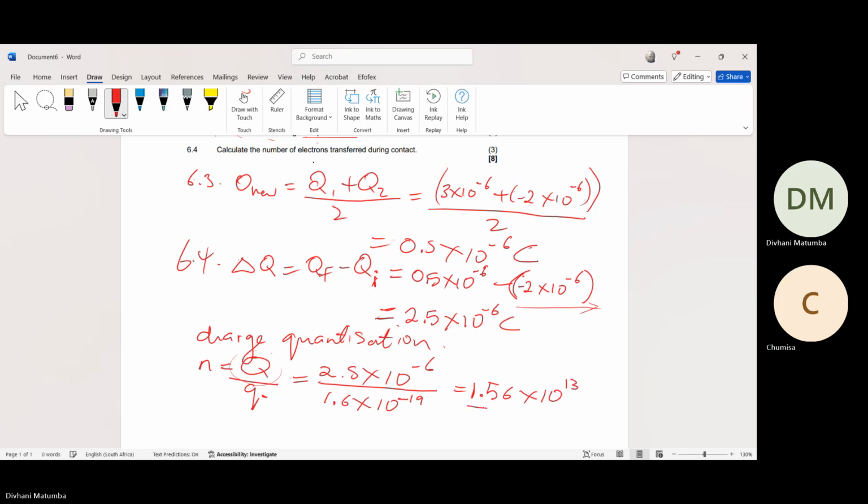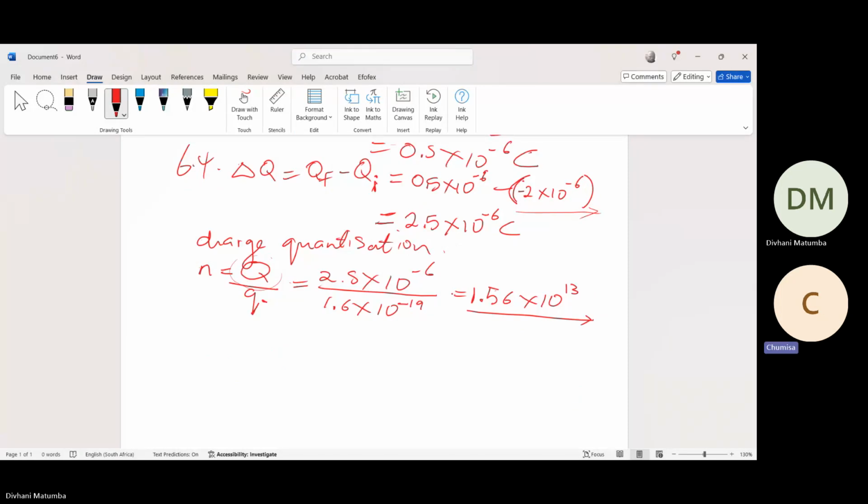Okay. Did you get that? Yes, sir. Okay, perfect. And the units? Coulomb, sir. No. Remember, you're calculating the number of electrons. The number of electrons has no units.